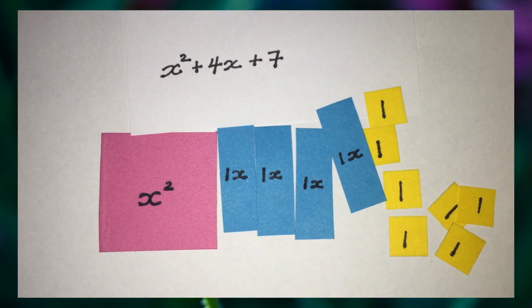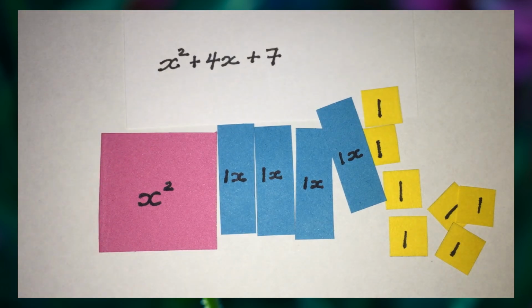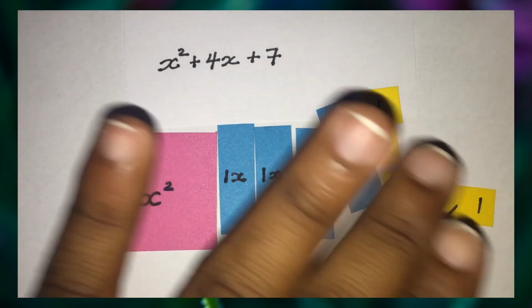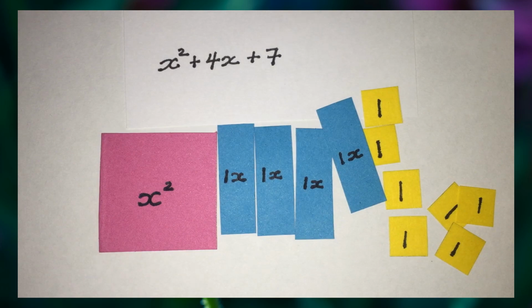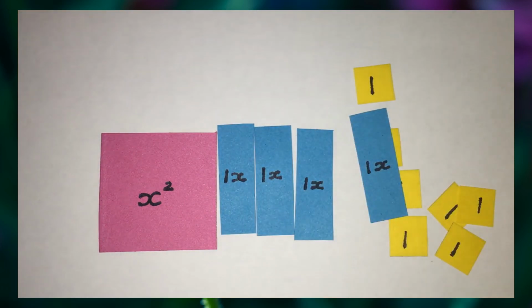Now we're going to try to factorize this expression by completing the square. And as it suggests, it's a square that we're going to try to form using these different pieces. So watch me. Whoops, the one can't go anywhere. Good.